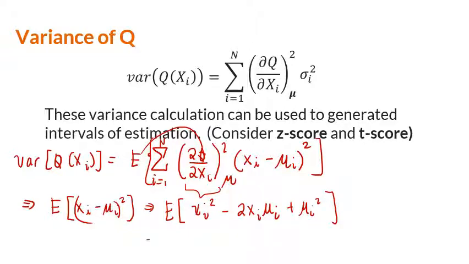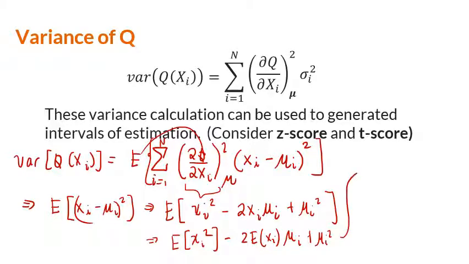So expectation value ng bawat term natin is given by expectation value ng xi squared minus 2 expectation value ng xi mu sub I plus mu I squared. So this is equivalent to expectation value of xi squared. Ito, expectation value ng xi is mu sub I. So this is given by minus 2 mu sub I squared plus mu sub I squared.